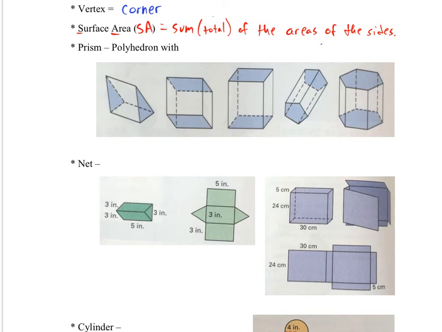So a polyhedron with two congruent, or you could do the symbol if you wanted to, parallel faces. Or congruent, maybe I'll say the same. Or identical, parallel faces. And pyramids will often have more than one side that are congruent to each other, more than one face that's congruent, but they won't be parallel, so then they're not a prism.